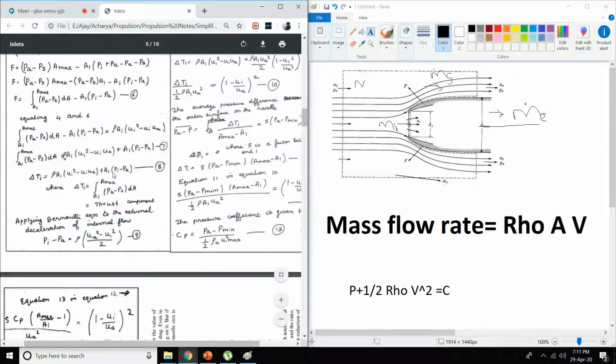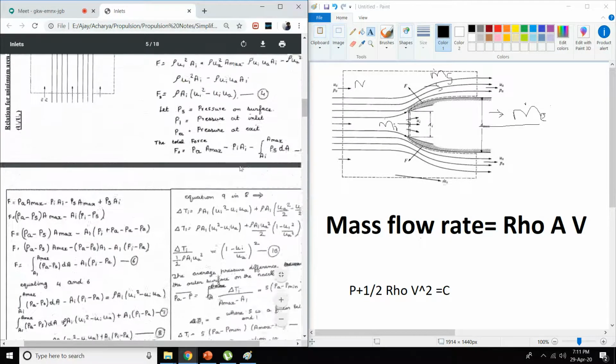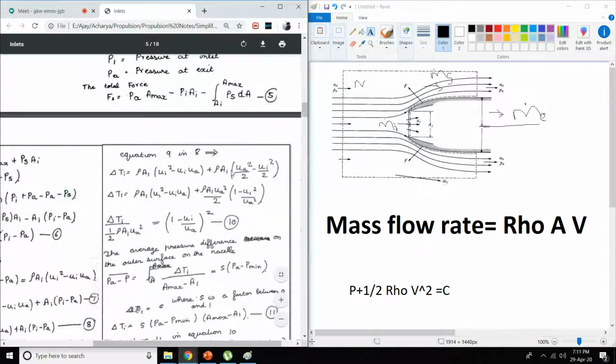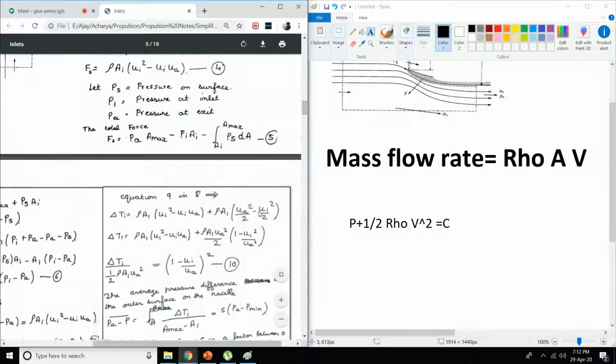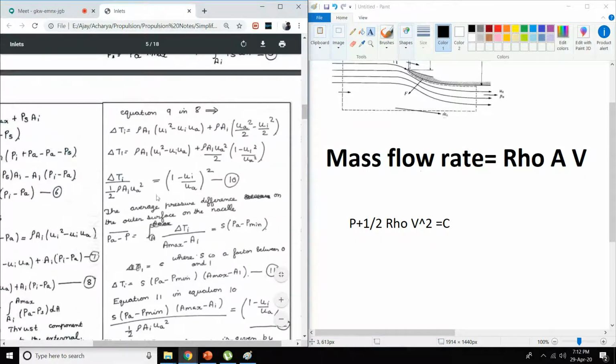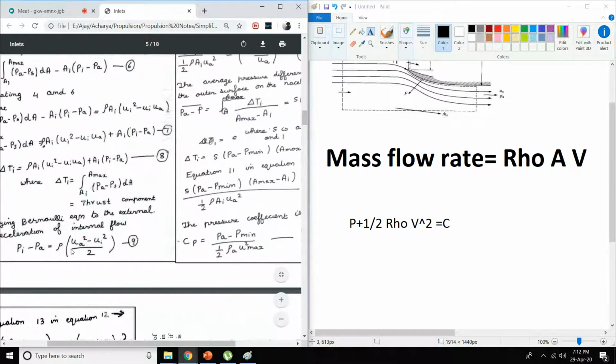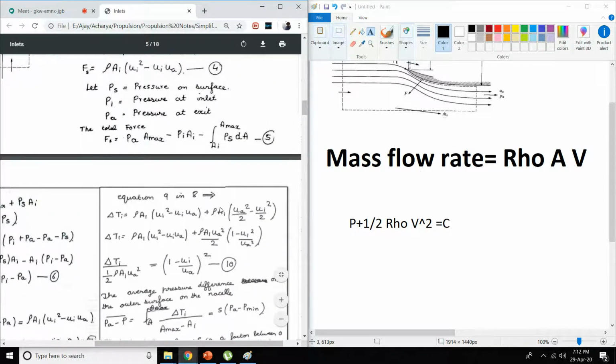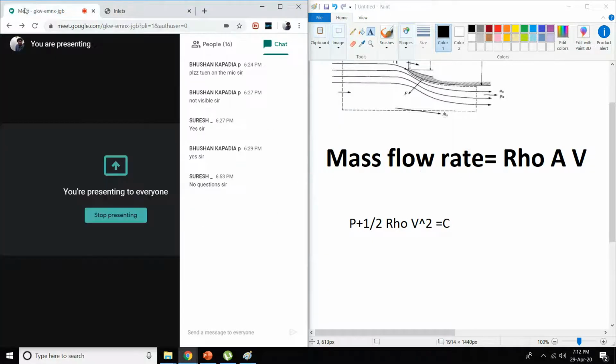For this Pi minus Pa, you'll substitute in this equation. Pi minus Pa will now become Ua square by 2 minus Ui square by 2, into rho. Rho was there by default. So rho (Ua square minus U1 square) by 2 into Ai. Correct? Are you all with me so far?